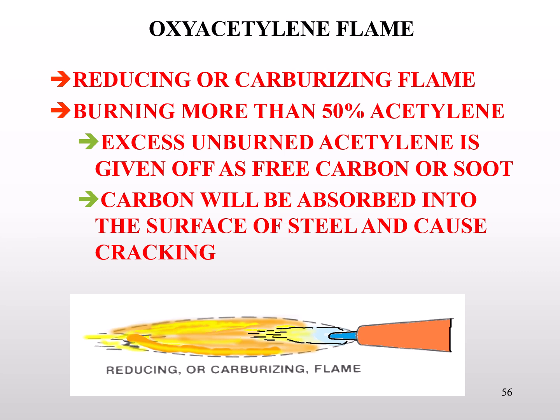Basically, we're not burning as hot as a neutral flame, so the extra carbon provided by the acetylene will get put into the work that you're doing. It'll be absorbed into the surface of the steel or stainless steel. If too much carbon is used, it can harden the steel to the point that it'll cause it to crack.